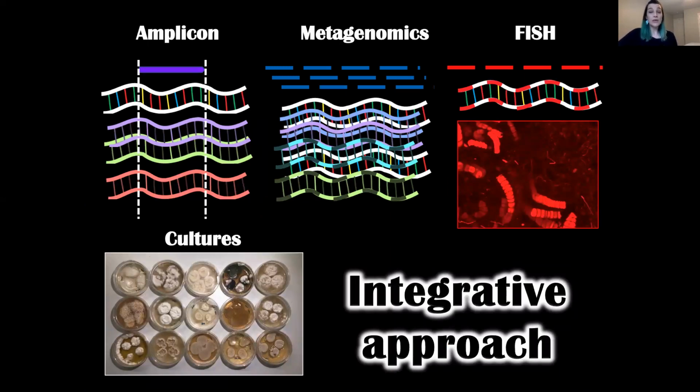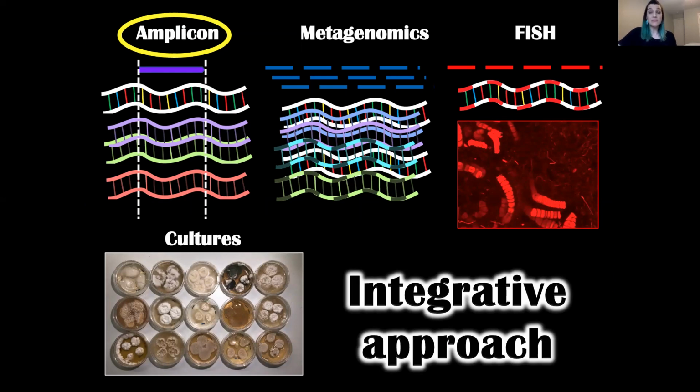So what I do is I sequence everything for amplicon, and then also for selected specimens, do metagenomics, fluorescent in situ hybridization, or FISH for short, and then also some cultures. But I will present here primarily the amplicon data, which is what we have corresponding data for.